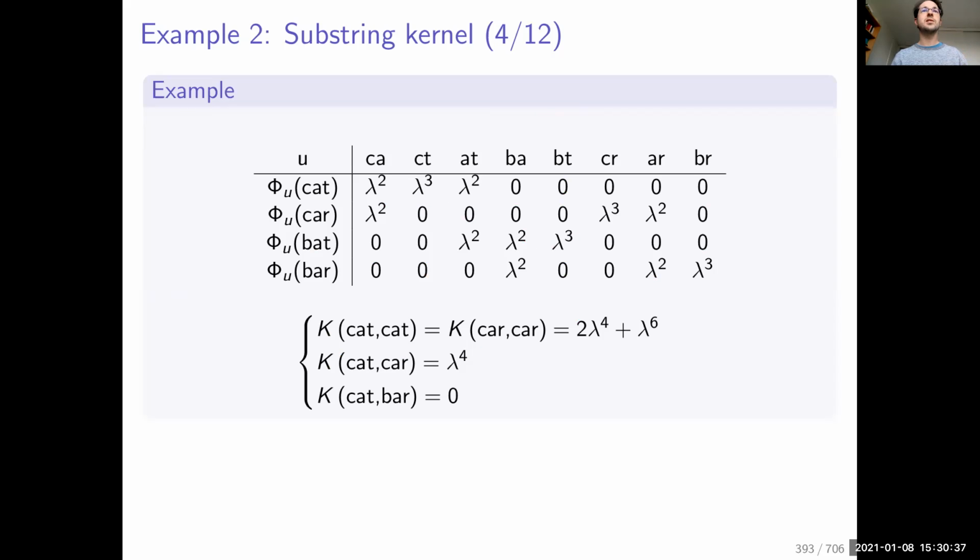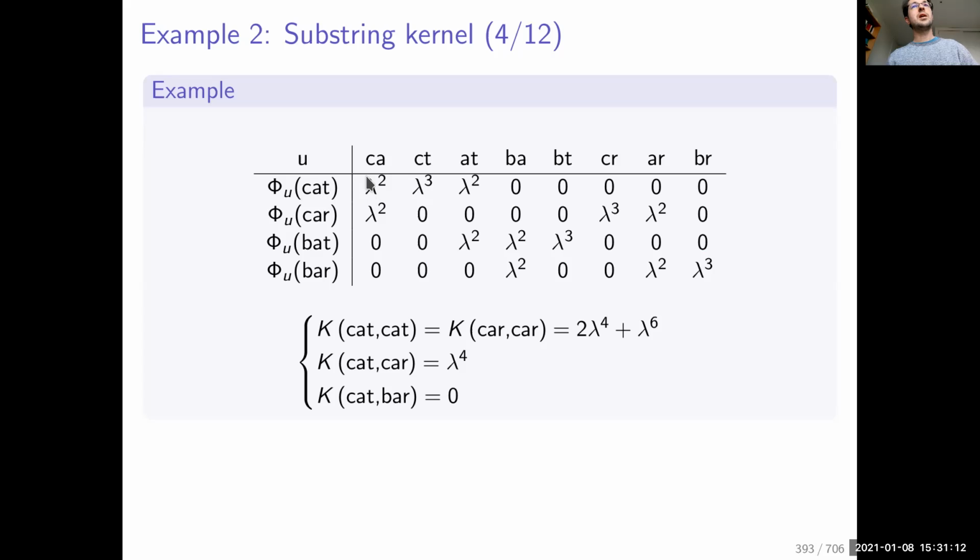Here is a basic example of what phi u is for different sequences: cat, car, bat, and bar, for different patterns u: CA, CT, AT, BA, and so on. Okay, so question: does CA appear in cat? Yes, it appears with 0 gap. Given the previous definition, by the way, lambda is a non-zero parameter which is between 0 and 1.